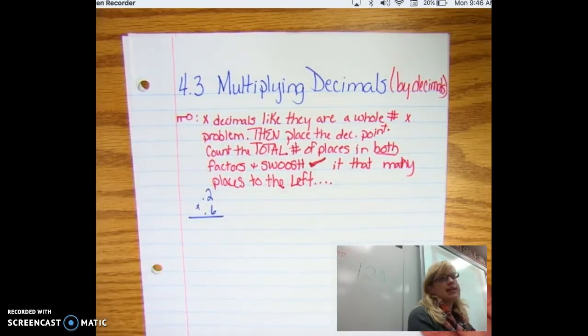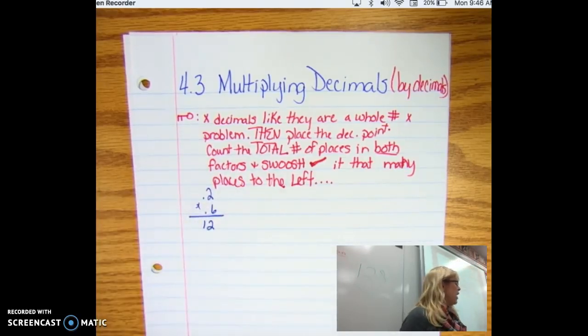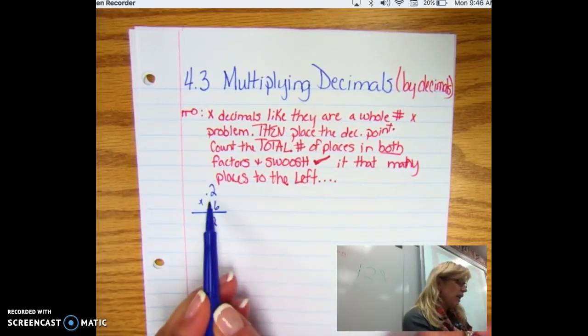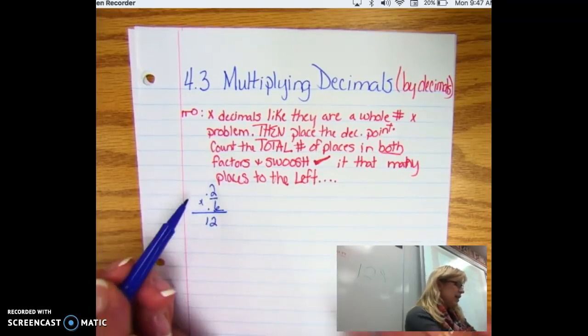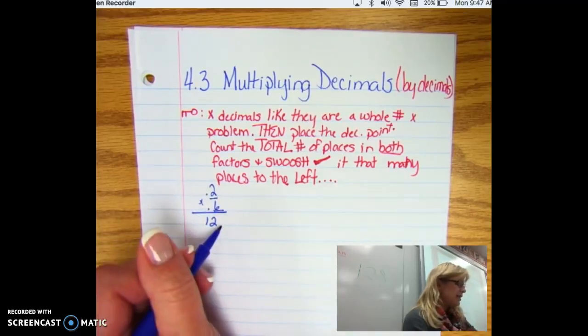Shout it out. What is 6 times 2? 12. Okay, so 6 times 2 is 12, and I'm going to count how many total places are in both factors. So here I see 1, 2 places. So this is one place after the decimal. This is the second place after the decimal. Watch what I do.